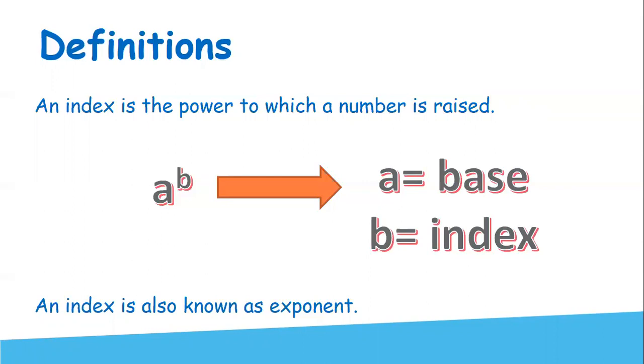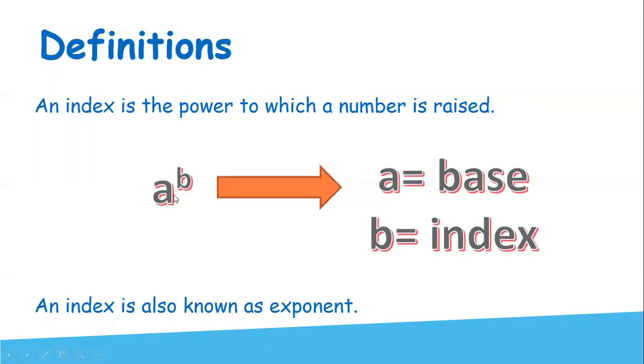When you look at the two indices, b and d, you refer to the two of them as indices. While index is singular, indices is plural. So if you have a raised to b, you see b is an index.